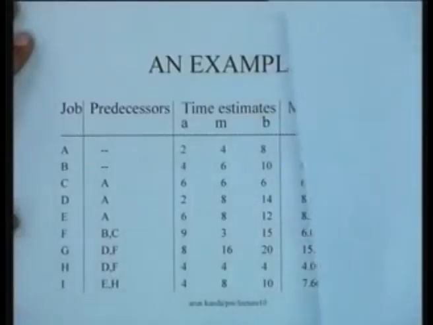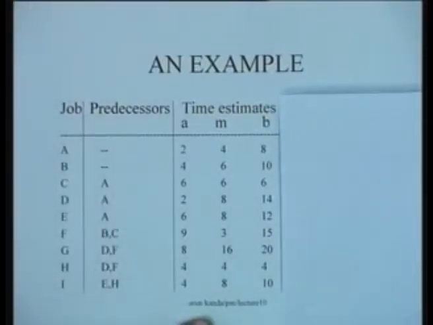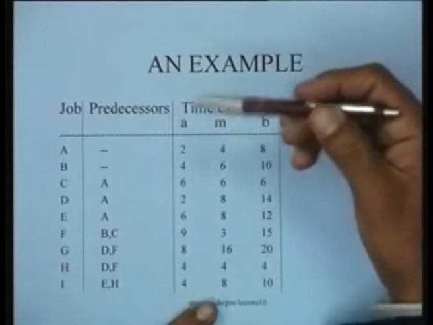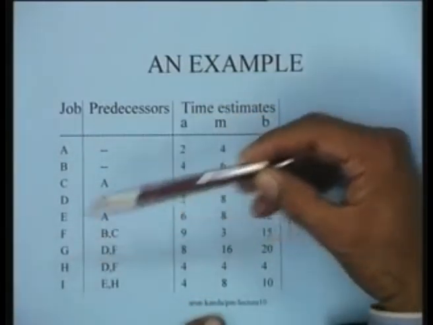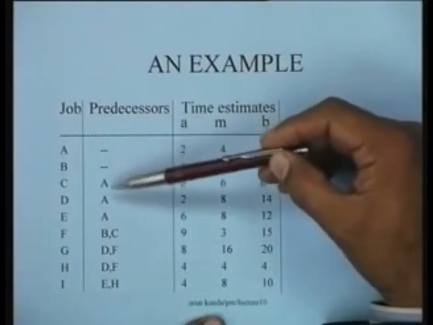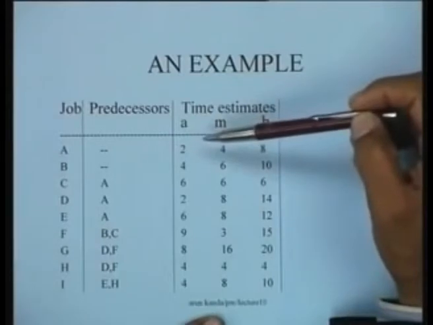Let us now illustrate the basic PERT procedure with an example. Let us assume that we have a project which is something like this. The basic starting data for us would be the list of jobs, the list of predecessors for the jobs, and the time estimates.